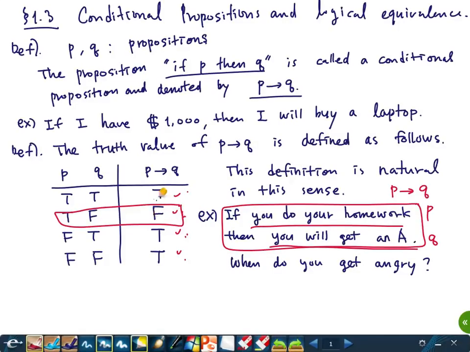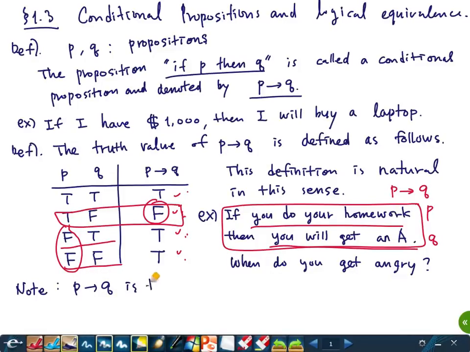This is very important to understand because it is very simple, but I've seen many students who got confused about this. So remember, if P is false, it will be true whatever the value of Q is. It's always going to be true if P is false. This is very important, but still many students get confused, so let me emphasize one more time.